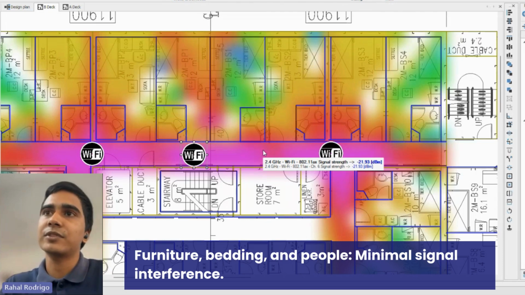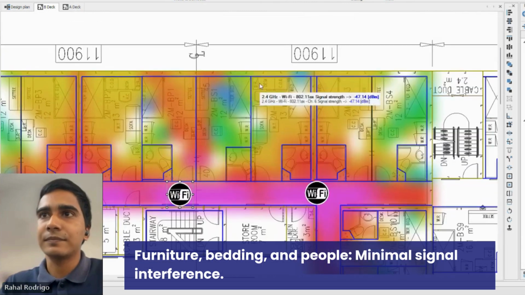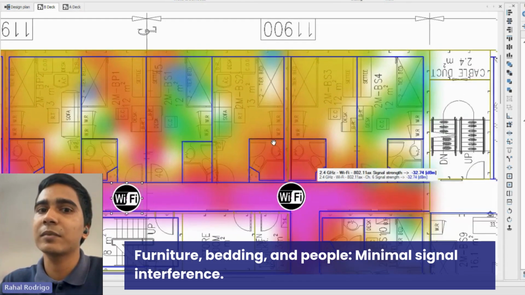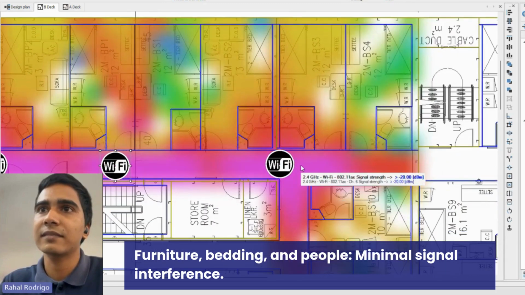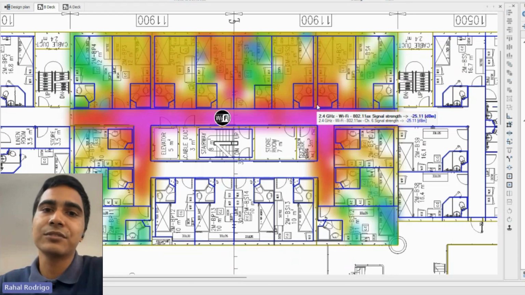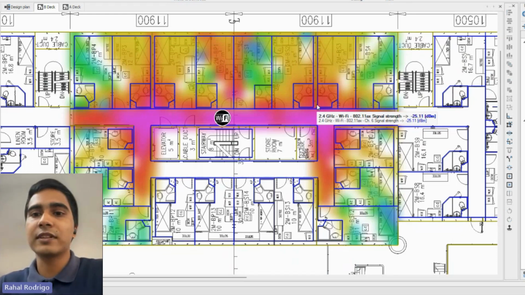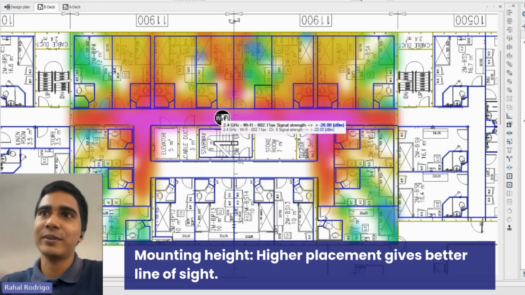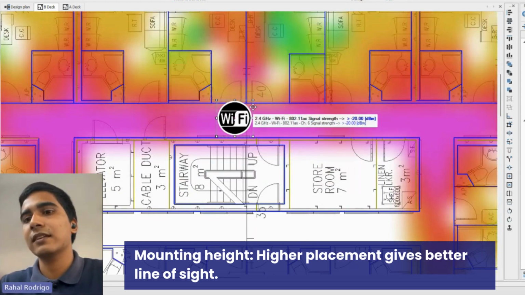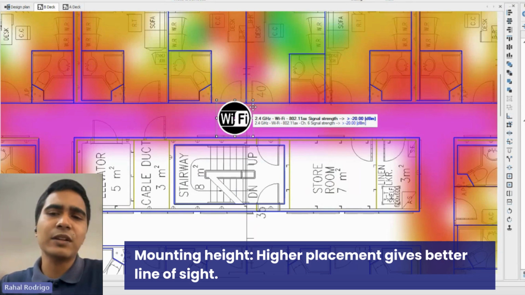We can have, as I mentioned, furniture, and also things like bedding and people moving around inside as well. So it will be less affected by that category. Another important factor related to obstacles itself is the mounting height of the access point. Mounting height is pretty important because it gives greater line of sight around obstacles if the AP is mounted closer to the ceiling.